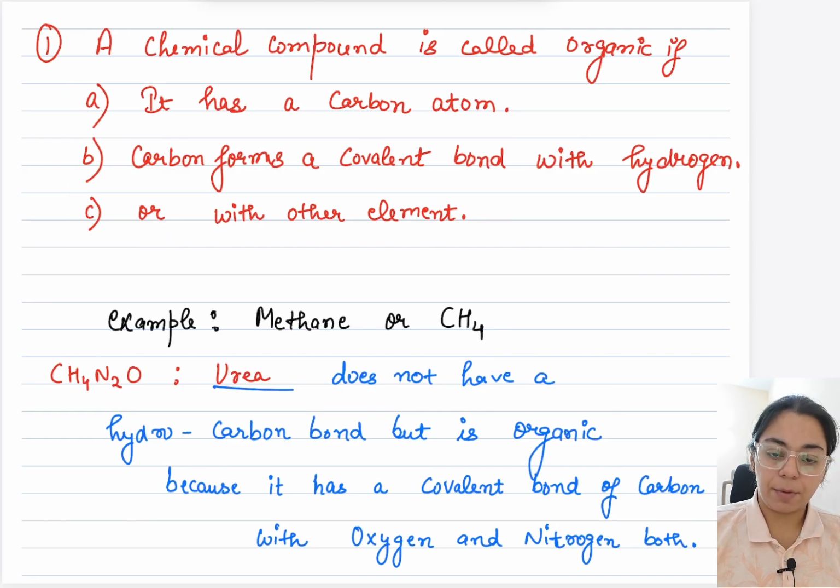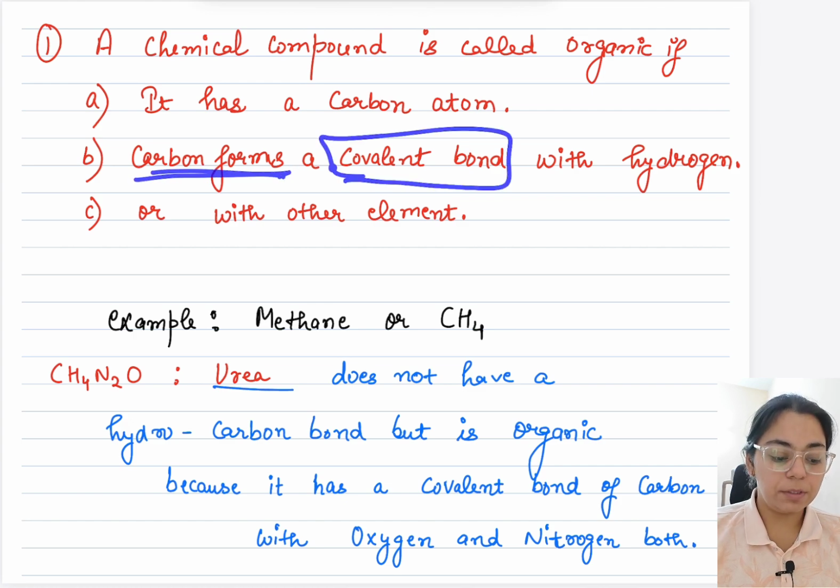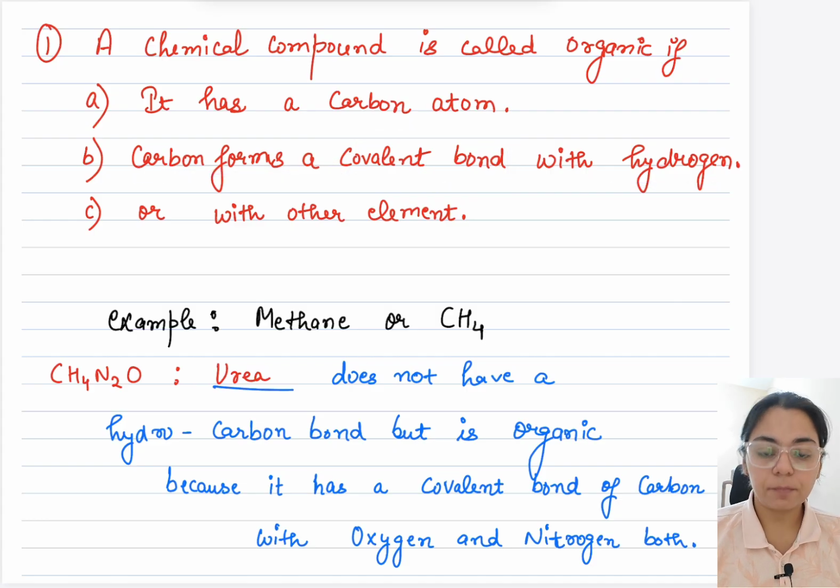First thing is it has a carbon atom in it. That is the most basic thing. Second thing is the carbon atom in it forms a covalent bond with hydrogen. In most cases, the carbon atom which is present in a compound will be forming a covalent bond with hydrogen.